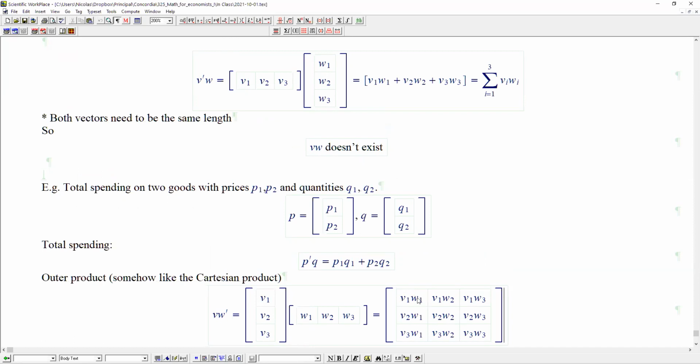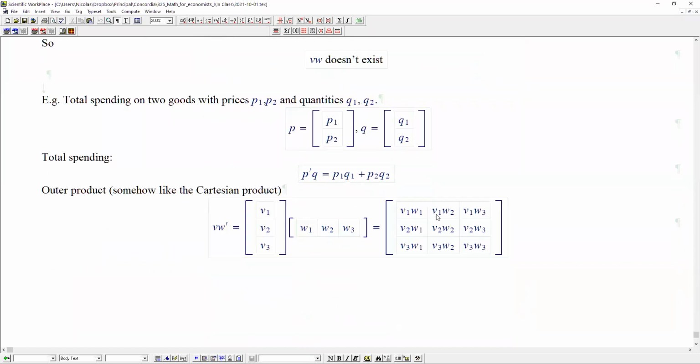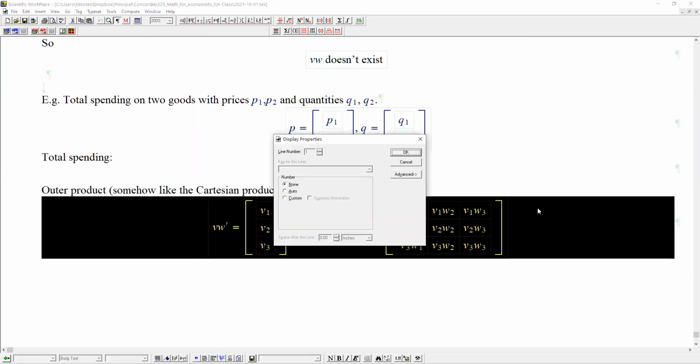So their sum is this, V1 W1. And I do the same for the second one, V1 W2, V1 W3. So here it looks like I'm taking all the possible ways I can combine them.